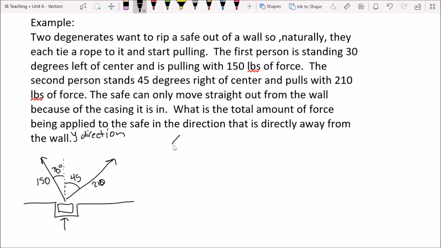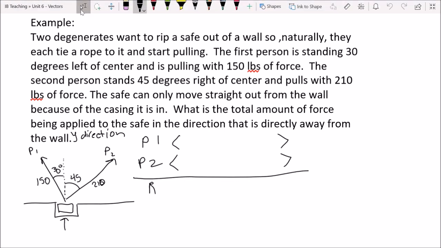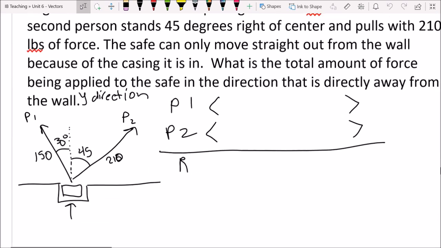So let's go ahead and get our two component vectors. Let's try to get our resultant vector. And so maybe I'll call this person 1 and person 2. We'll find their vectors and then we'll find the results. So let's start filling in what we know.